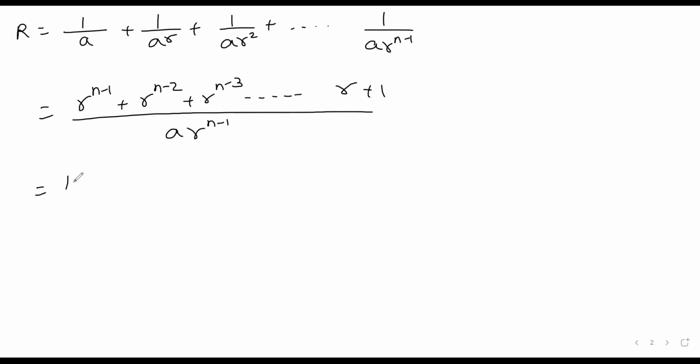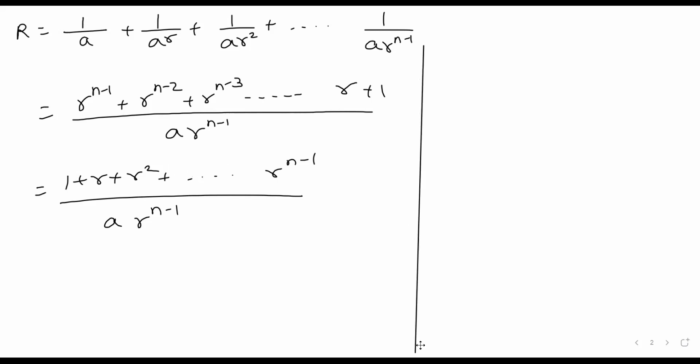Now this is nothing but 1 plus r plus r square plus so on up to r raised to n minus 1. If I write it in reverse, and this is a r raised to n minus 1. Take this numerator, 1 plus r plus r square plus r cube, so on up to r raised to n minus 1. This is in GP with a as 1 and common ratio r.